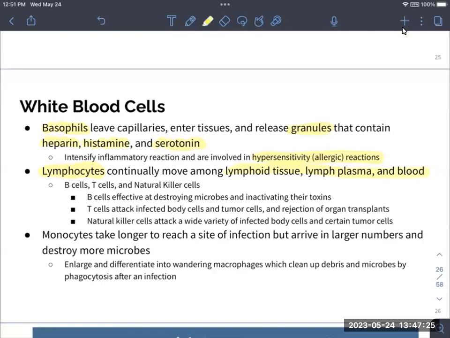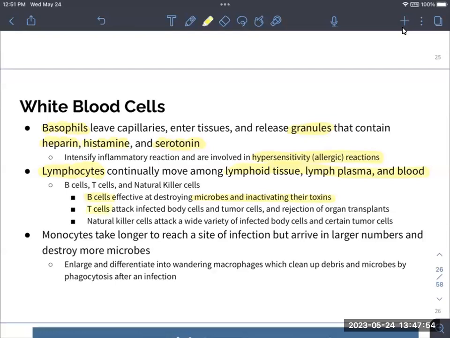These B cells can kill off microbes and they can actually inactivate the toxins that these microbes have released out. Toxins are usually what gives you different types of symptoms when you get sick. We're reacting to those toxins. So B cells can counteract that.